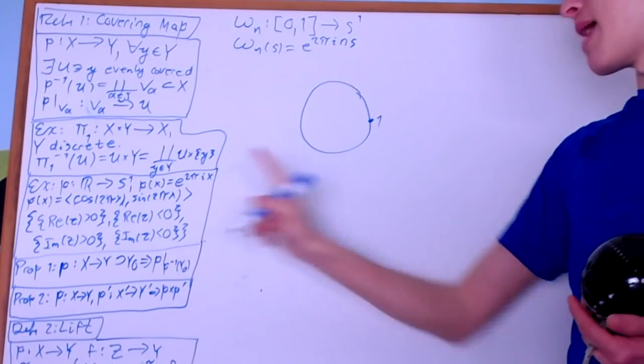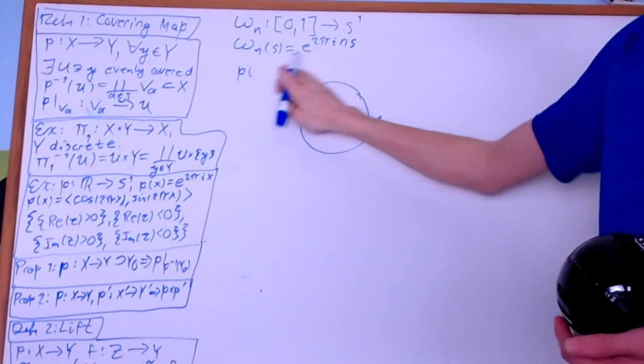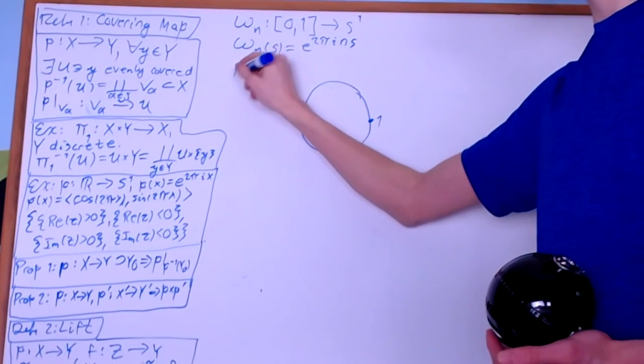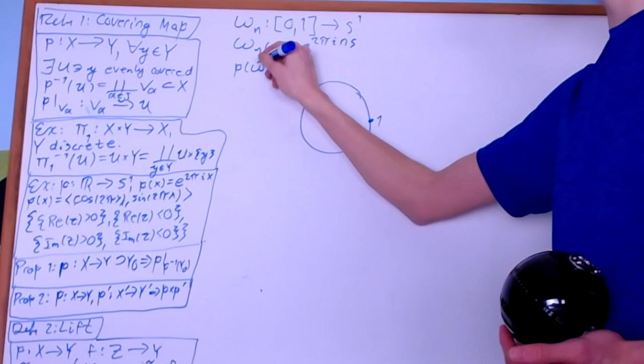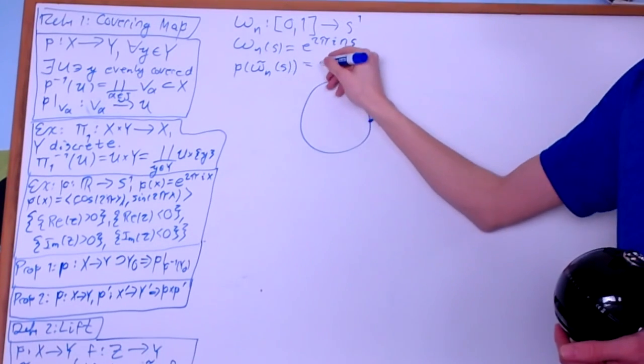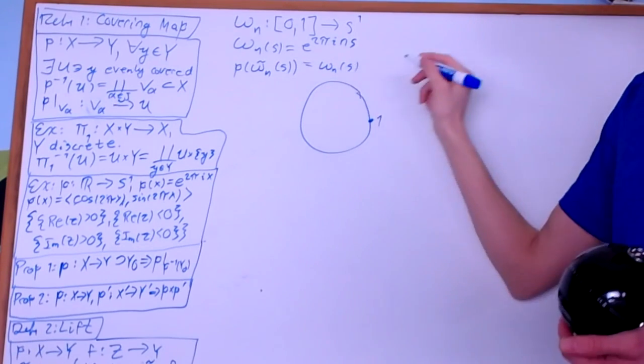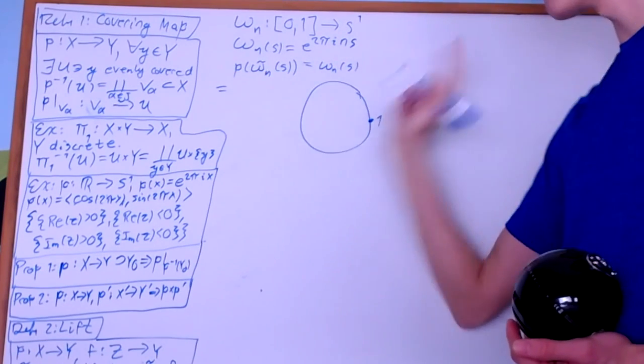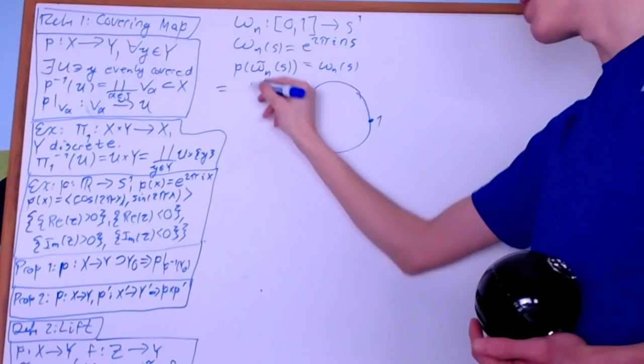Via this map. Remember, in order for it to be a lift, we have to have P of omega n tilde of s equal to omega n of s. And remember what P is equal to: P is equal to e to the 2 pi i x.